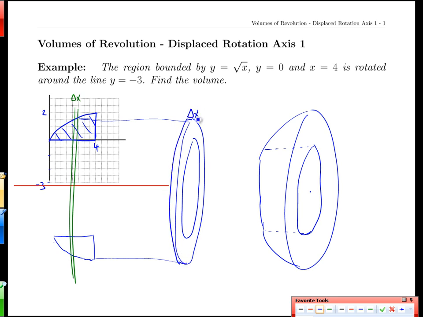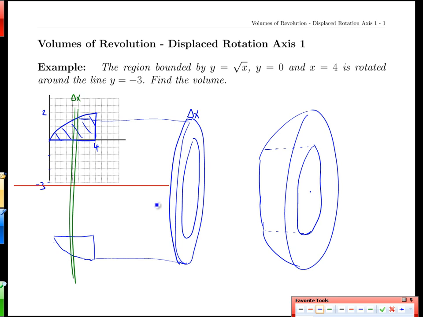Based on our earlier observations, the volume of this slice can be calculated as its thickness times the area of this cross section, and that area is given by the outer circle's area minus the inner circle's area. So the whole thing minus the gap in the middle.